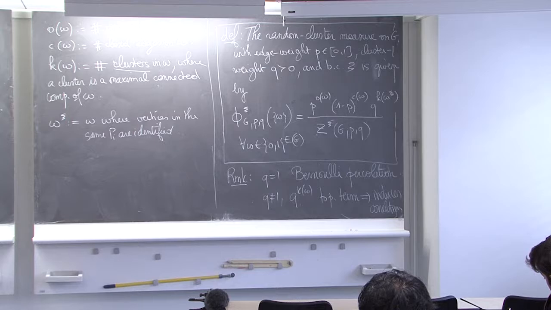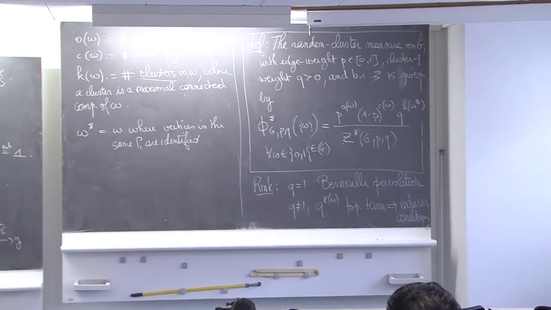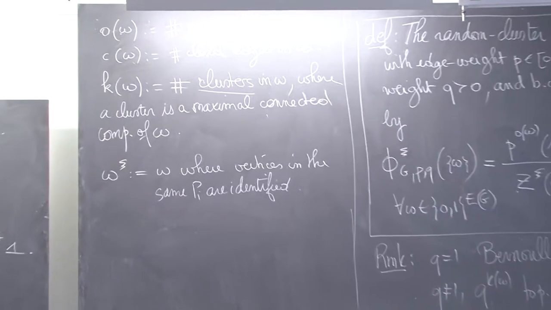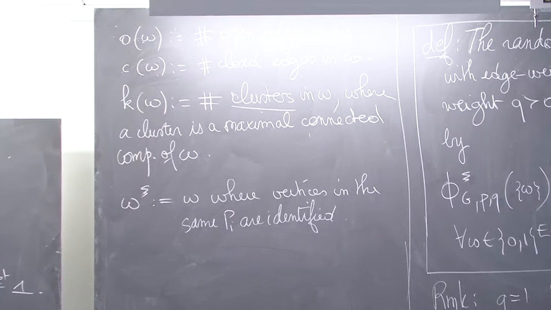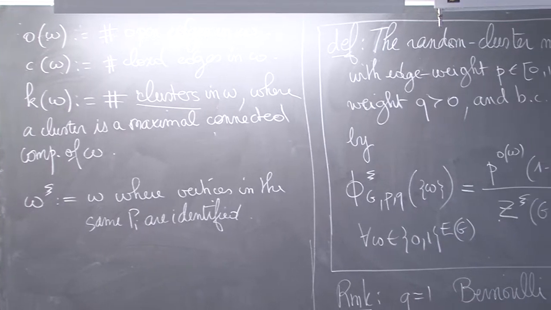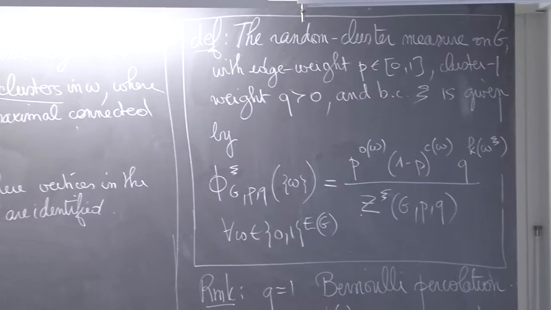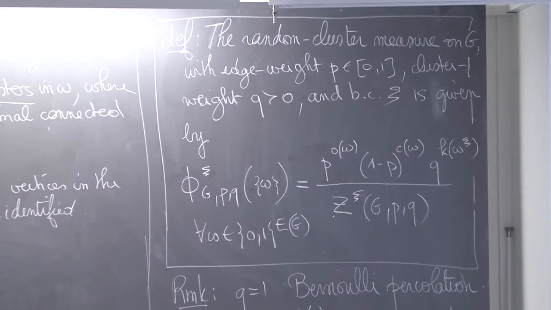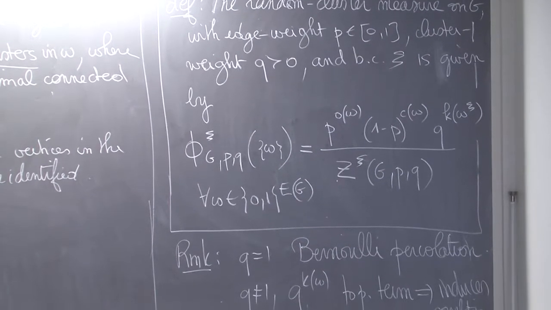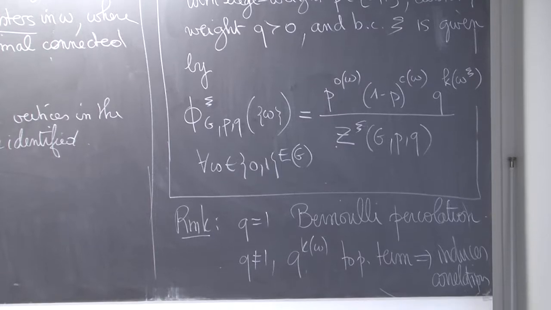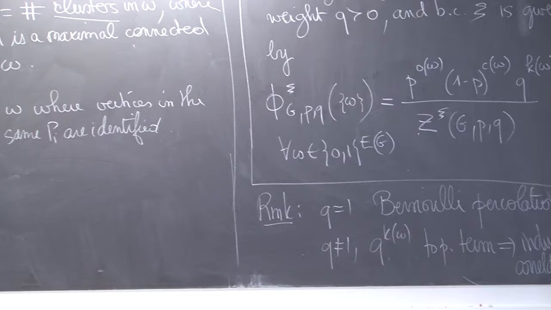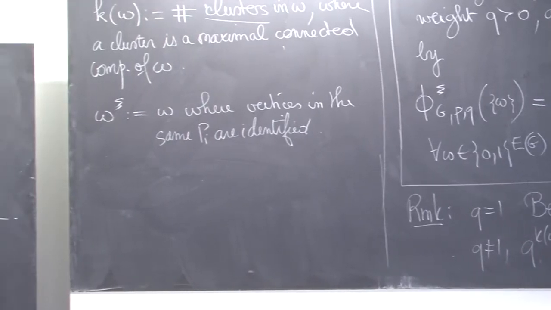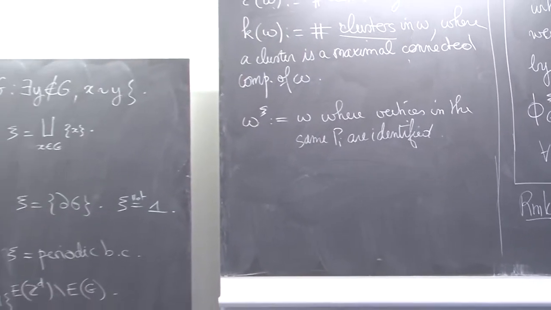So that was another thing. Then, yet another comment is that Z psi of G, p, q is just there to renormalize, and it's called the partition function. It's also equal to the sum over every omega in {0, 1} to the edges of G of p to the number of open edges, 1 minus p to the number of closed edges, and q to the number of clusters.